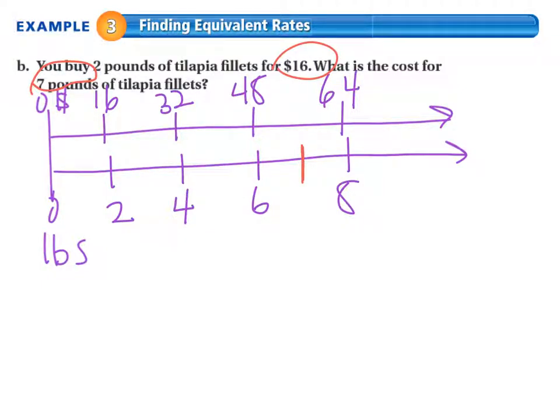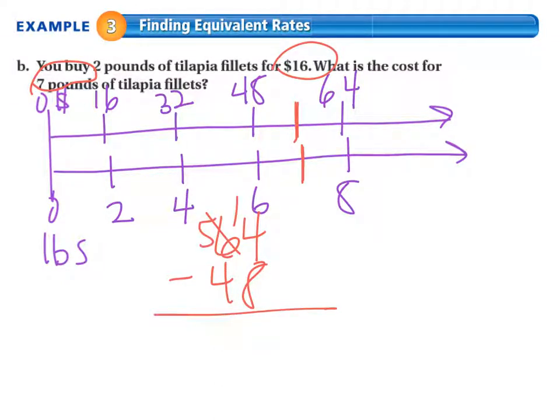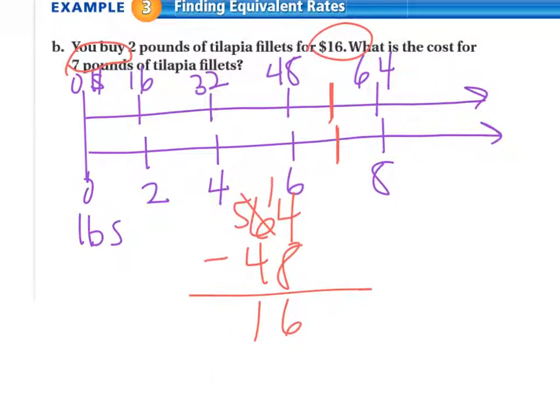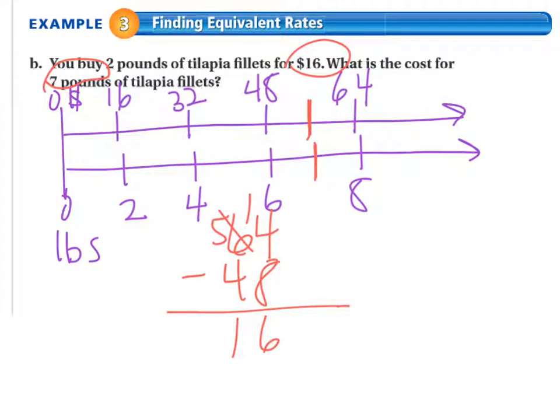So I'm looking for what number is halfway between 48 and 64. Well, what's the difference between 48 and 64? Well, you can do 64 minus 48, which is 16. That means it's 16 between here and here.